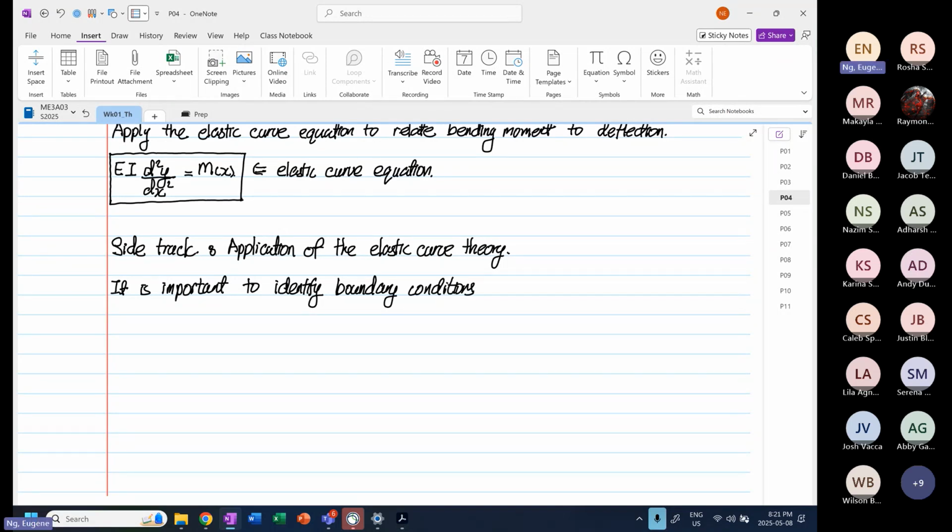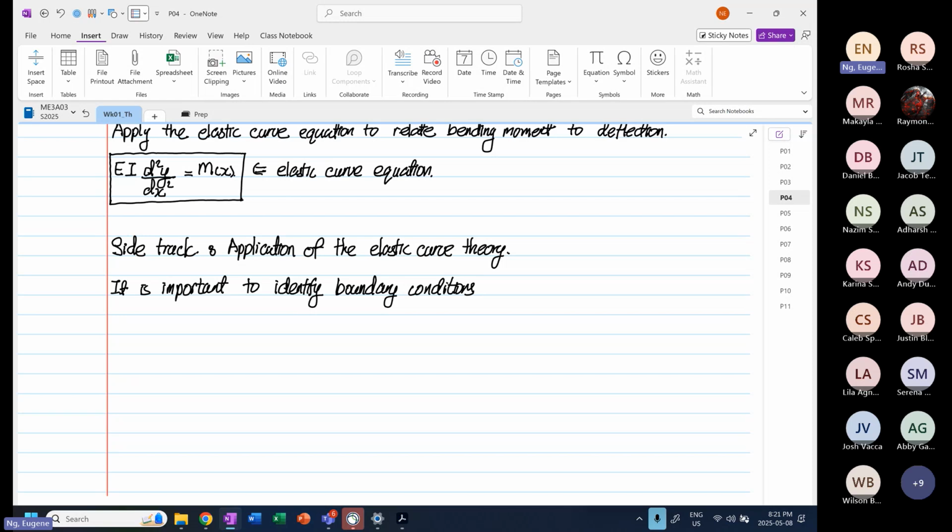There are 4 boundary conditions that you all need to know, and they always follow in this sequence. Later on, I will tell you why this sequence.